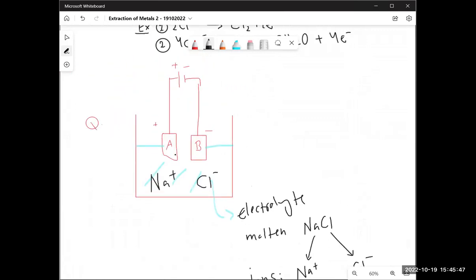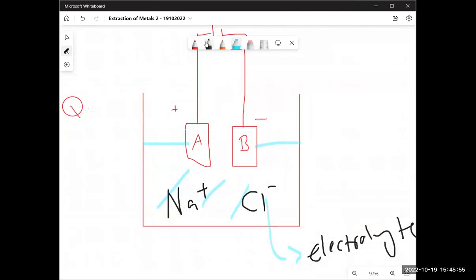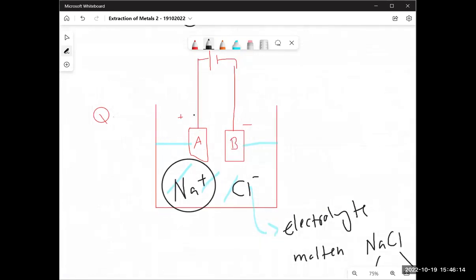Now, can you tell me where will Na plus go? Will it go to the first electrode or the second electrode, A or B? Let's give your answers in the chat, all four of you. Which electrode?